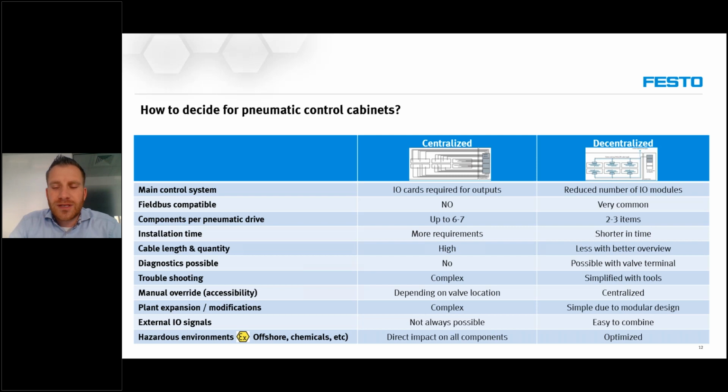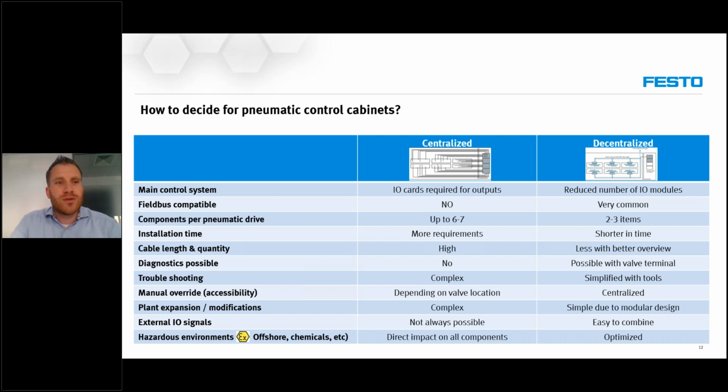For a decision, it's not always a certain fact that you need to go for a centralized or a decentralized control system. It really depends on the site conditions and the project requirements. But as some general guidance, rules of thumb, we provided the pros and cons against each other, when to go for a decentralized solution with control cabinets or a centralized solution.